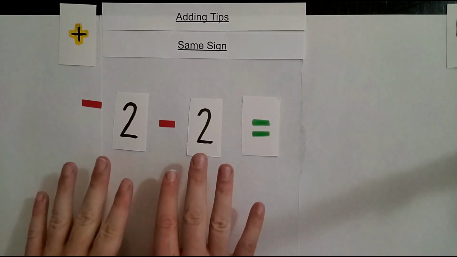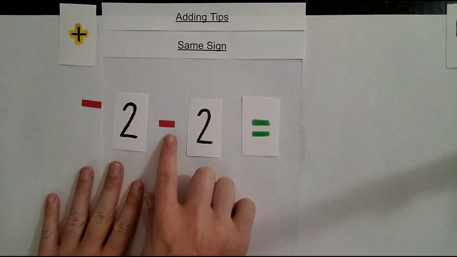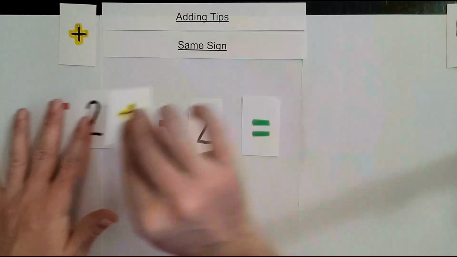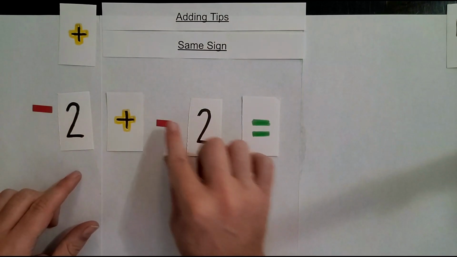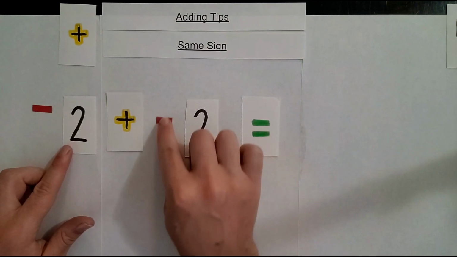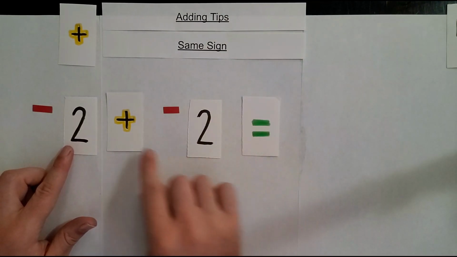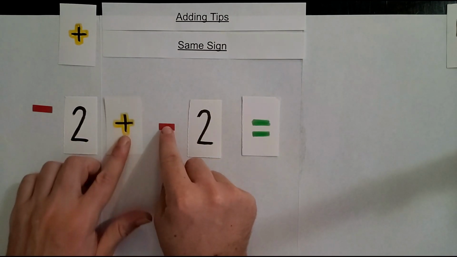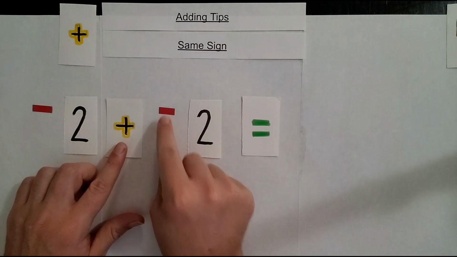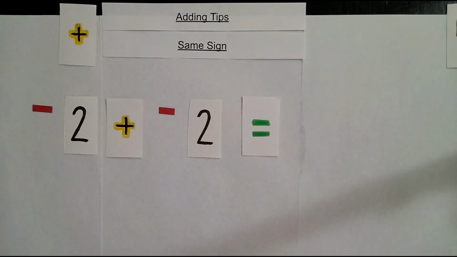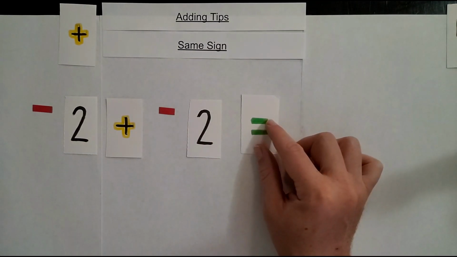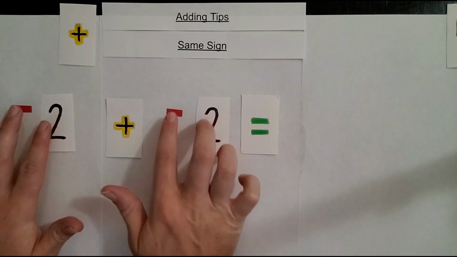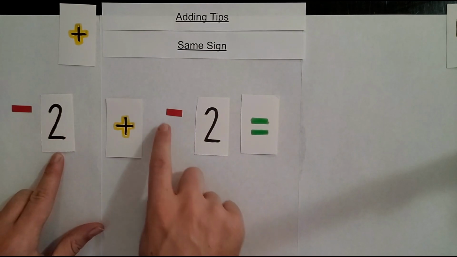So you could leave this like this, but anytime you have a minus sign, you can also think of this as adding a negative. So whichever way works for you, if you see a minus in between, you can always turn that minus into plus a negative. One thing I like better about it is you can see that these are two separate numbers, negative 2 and negative 2.